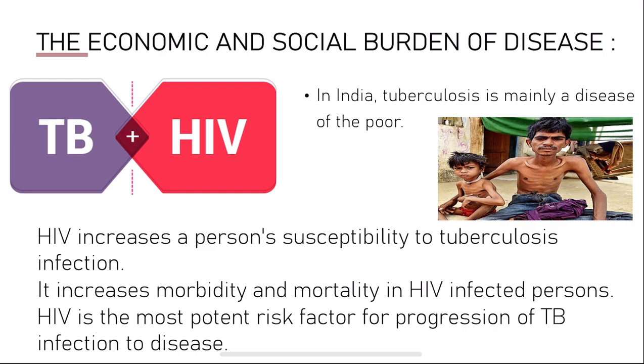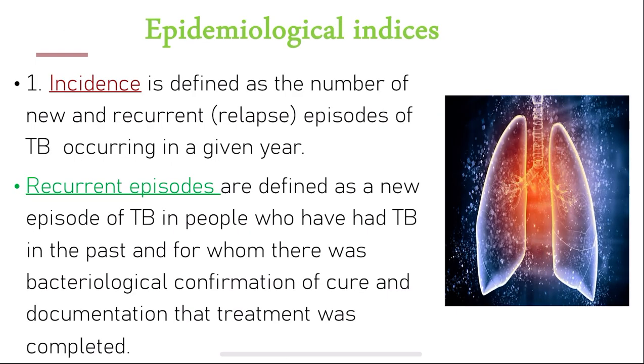Those people will mostly be affected with TB. Slum dwellers, laborers, migrants are the most widely spreading the disease, and they'll be mostly infected with TB. High risk groups.